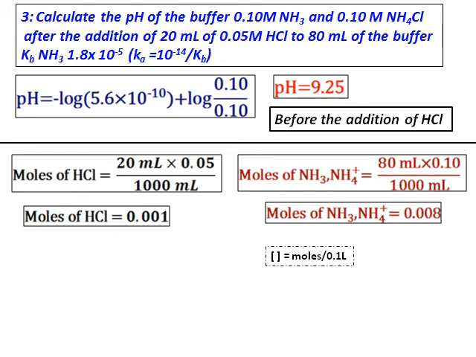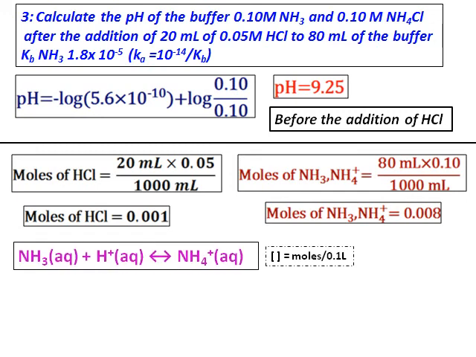And that's what I'm going to use in the calculation when ammonia reacts with hydrogen ions. So when ammonia reacts with the hydrogen ions, I get the ammonium ions, and the initial concentration of ammonia is 0.08, the hydrogen ion concentration is 0.01, that I get from HCl, and the concentration of ammonium is also 0.08.